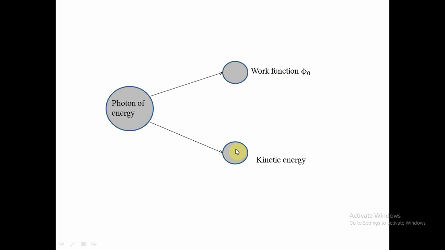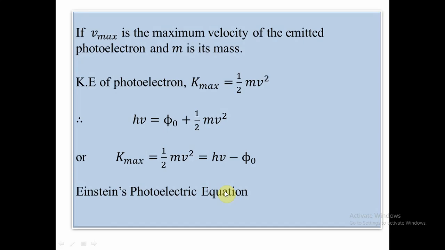The remaining energy is providing kinetic energy to the liberated electron. If we consider v max is the maximum velocity of the emitted photoelectron and m is the mass of the emitted photoelectron, then the kinetic energy is given by K max is equal to half m v square.